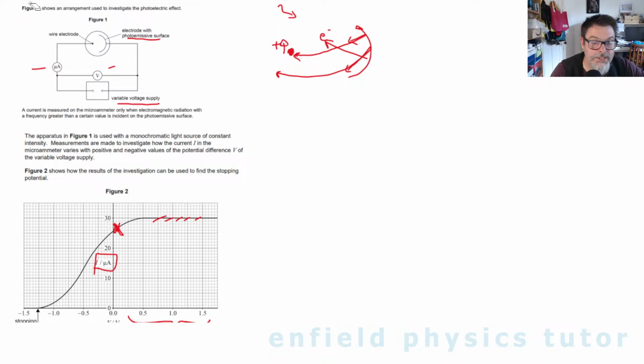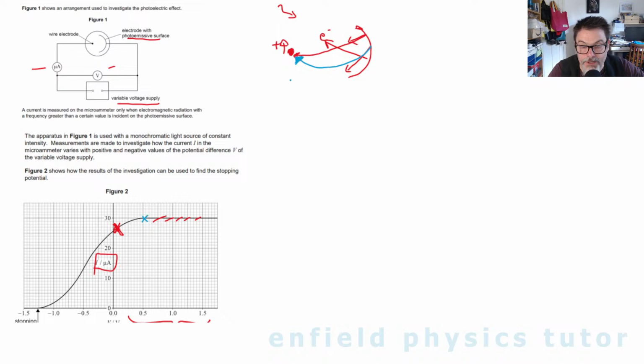So this means that the current is not maximum because some electrons are not arriving at the anode. But if you keep increasing this voltage, eventually you reach a point, in this case around half a volt, where every single electron that is emitted is curved enough to arrive at the electrode.